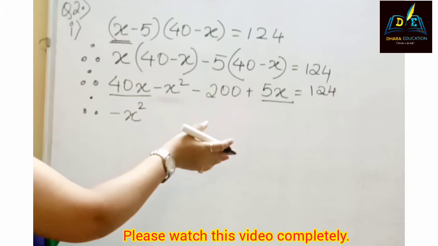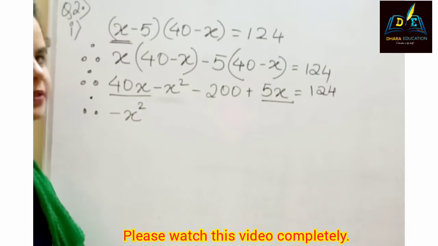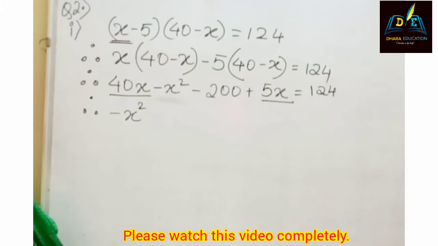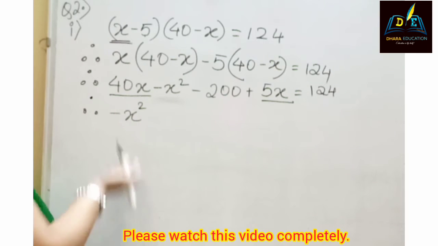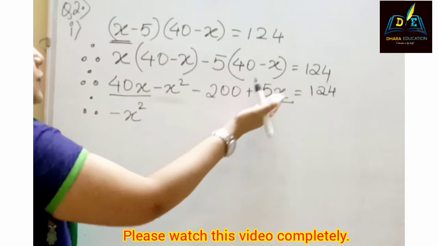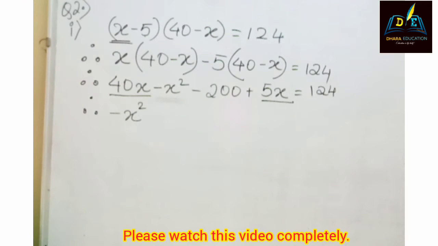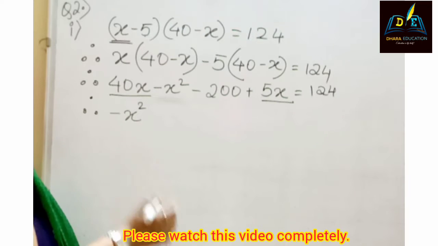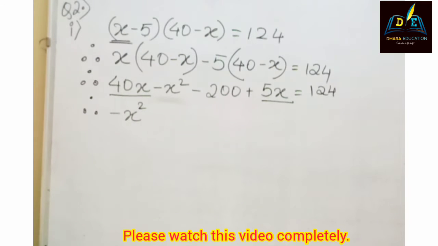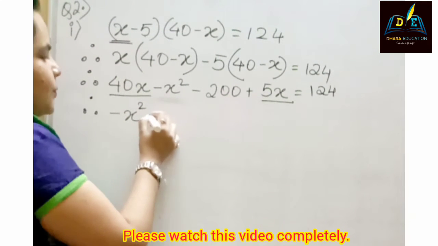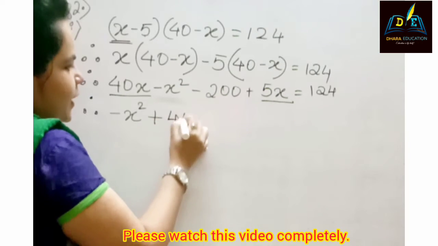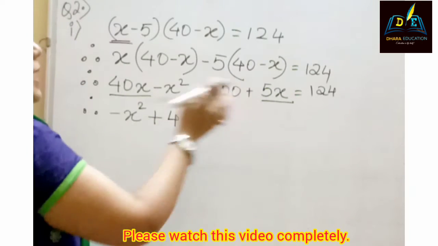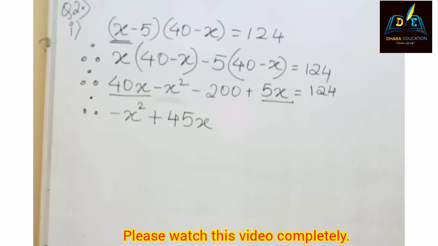We are no more changing the place, so there will be no changing of the sign. If it is 40x and plus 5x, the answer will be plus 45x, because both terms are positive.